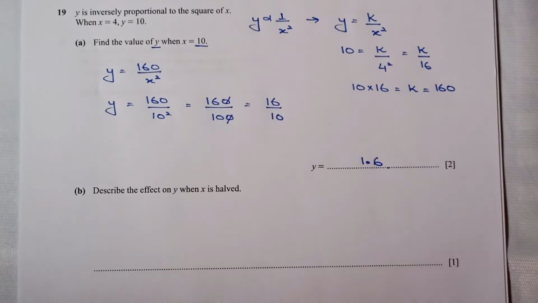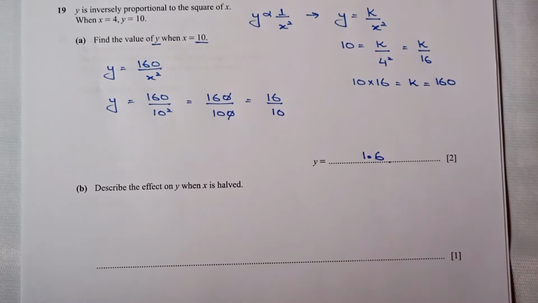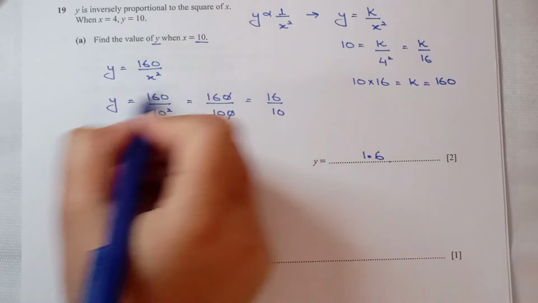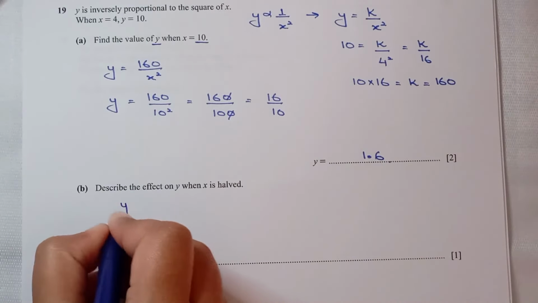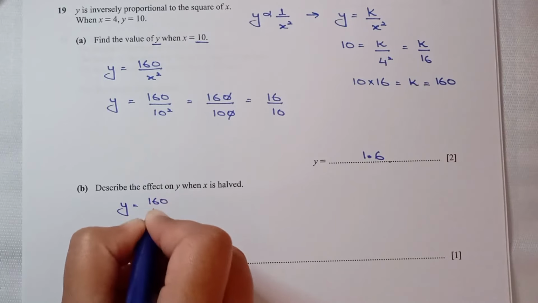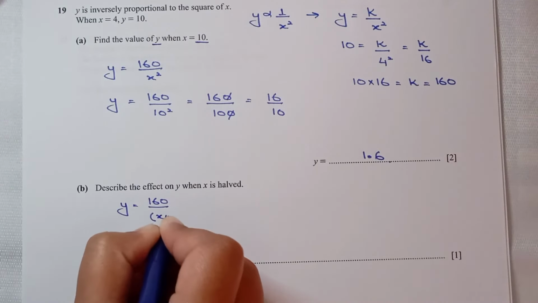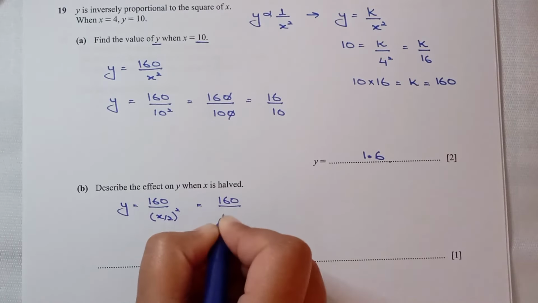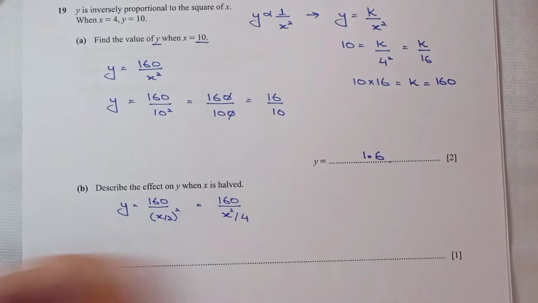Now for the b part, describe the effect on y when x is halved. Okay, so when x is halved, if we visualize, we have this equation. So y is equal to 160 over x by 2 whole square. So this would be equal to 160 over x square by 4, right?